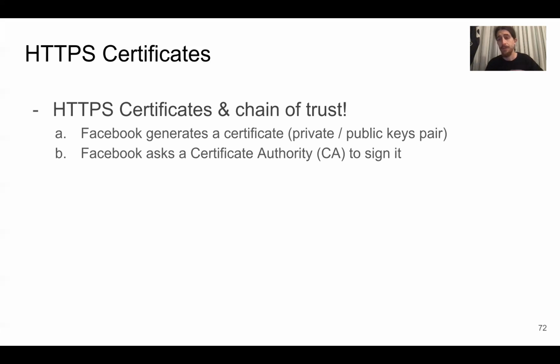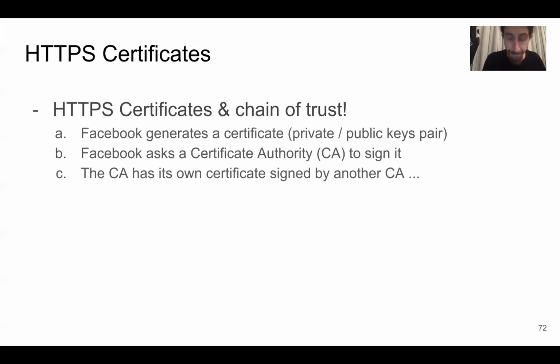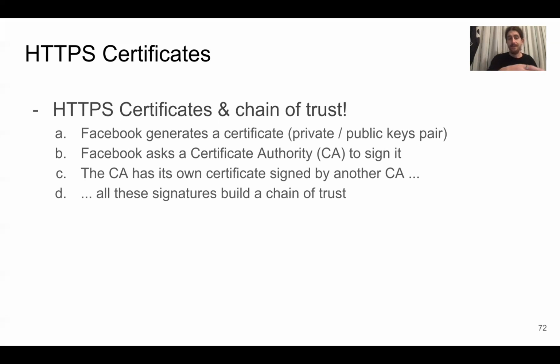This guy is asking me to sign this certificate. Should I do it or not? Maybe it says yes, maybe it says no. But the point is that even the certificate authority has its own certificates that are signed by another certificate authority. Eventually, this certificate authority signing another certificate authority and so forth builds a chain of trust. And again, when do you stop? When you're signed by a root certificate.